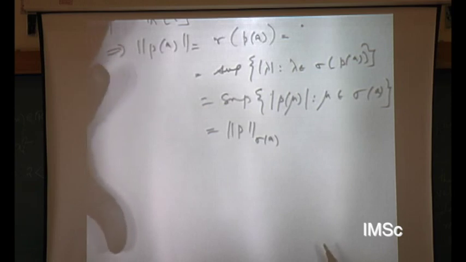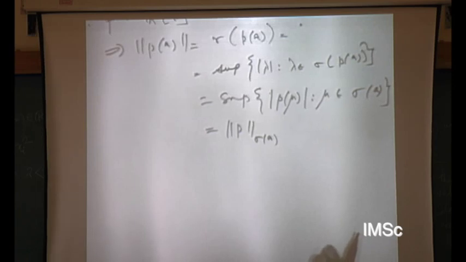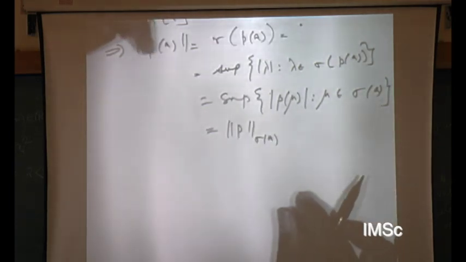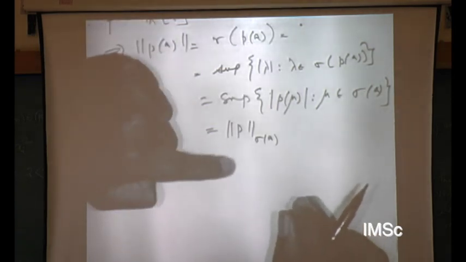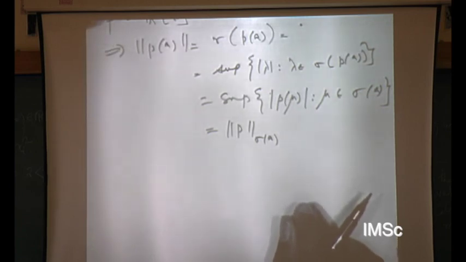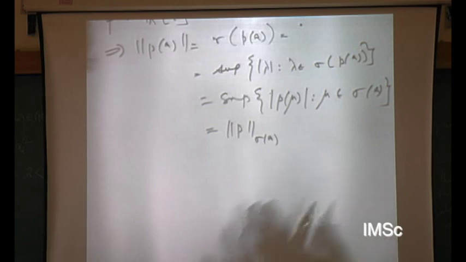So I have a function defined on a set, I write norm F sub X to be the sup norm of F on X. So this says that the operator norm of P of A is the same as the sup norm of P on the spectrum of A. And this is really the essence of the spectral theorem.